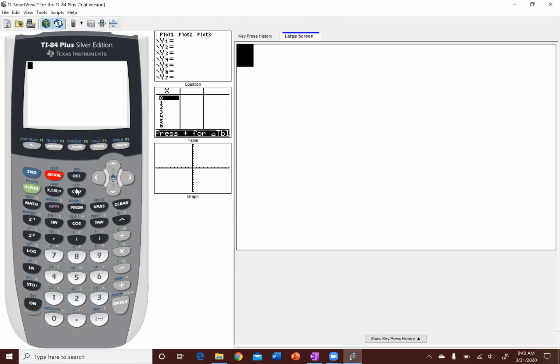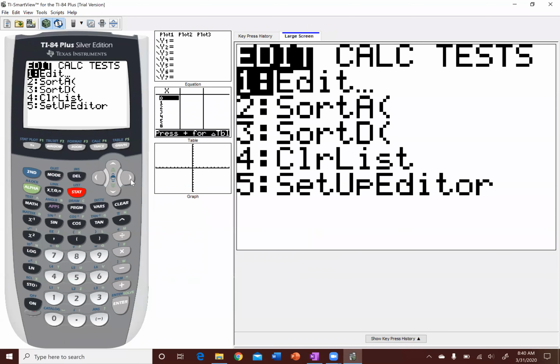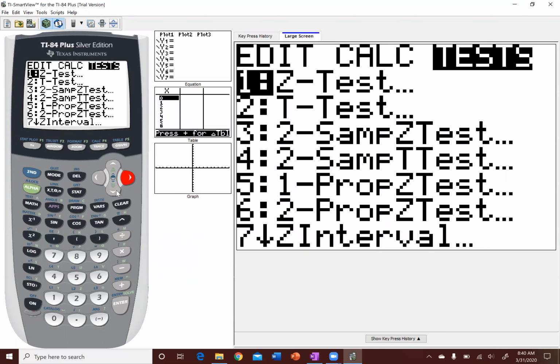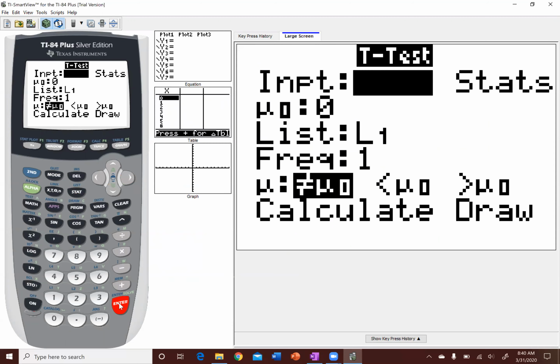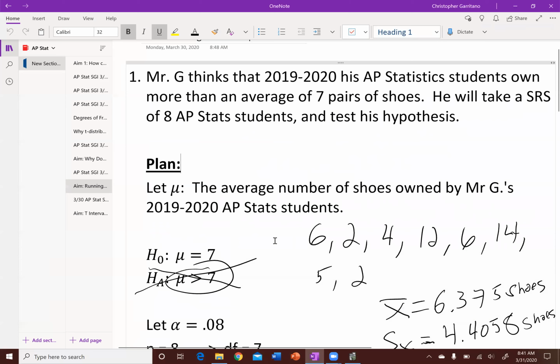I'm gonna go back to stat, scroll over to tests. We're running a t-test. Okay, and now we're at data, right? And so now the inputs, well, mu naught. So what are we assuming that mu is equal to in the null hypothesis?